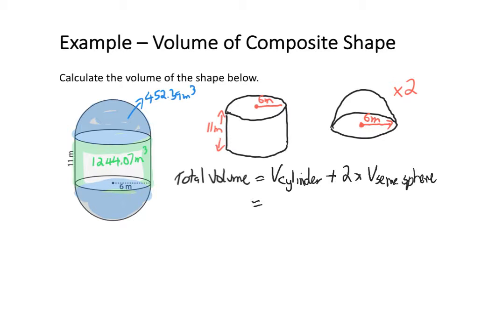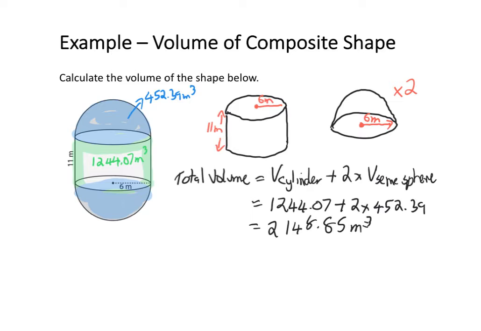Substituting in the values, it's going to be 1244.07 plus 2 times 452.39, and that gives me a total volume of 2148.85 meters cubed. So the volume of the composite shape in the question is 2148.85 meters cubed.